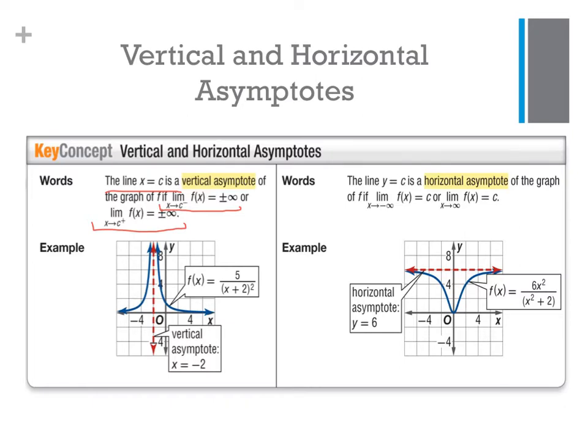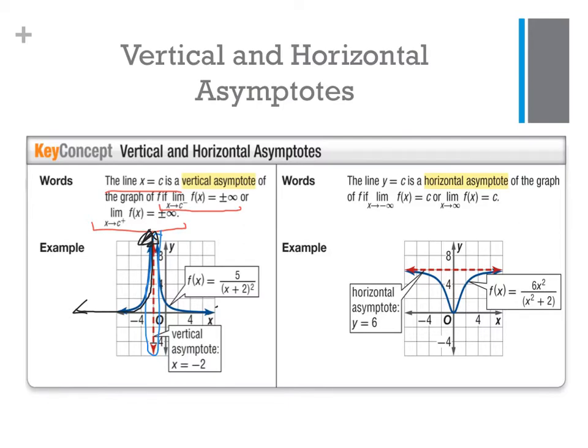So if you look at this graph in the example, we have a vertical asymptote here at x equals -2. And you can see that as we approach x equals -2 from the left, we have an end behavior right here that's going towards infinity.